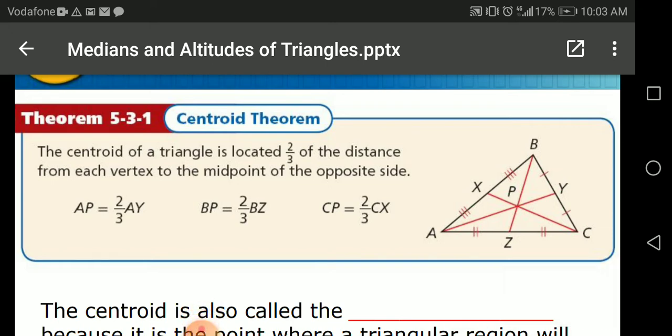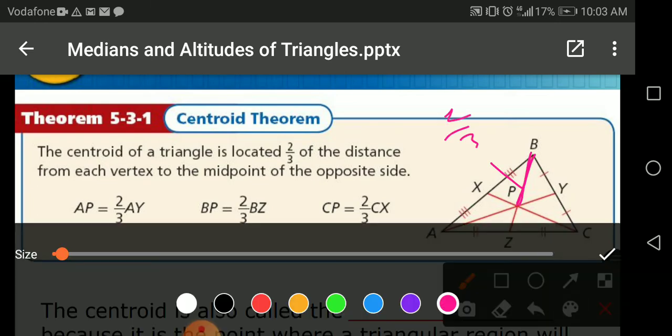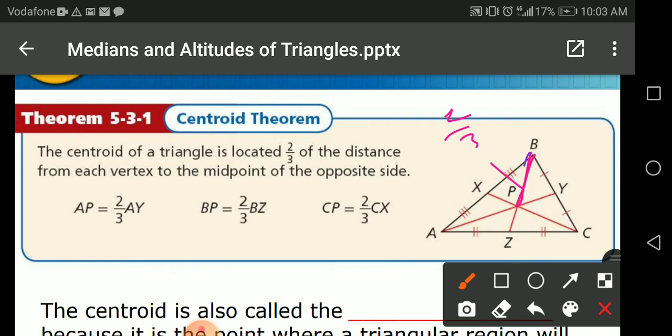BP is 2/3 of the whole one, which is BZ. And XP, this small one, is 1/3, but the big one CP is 2/3.